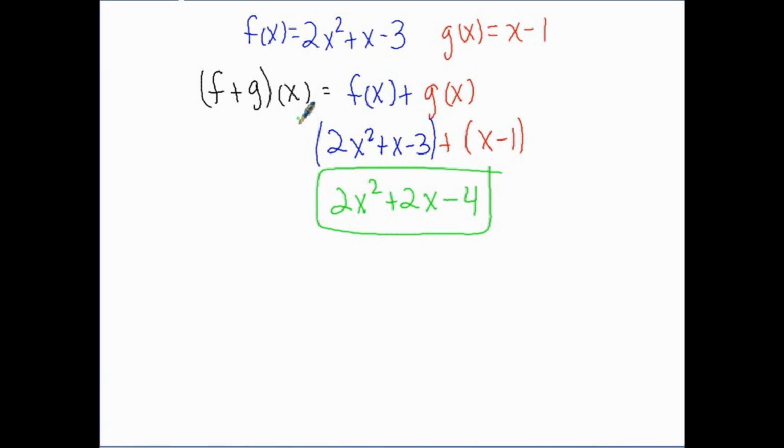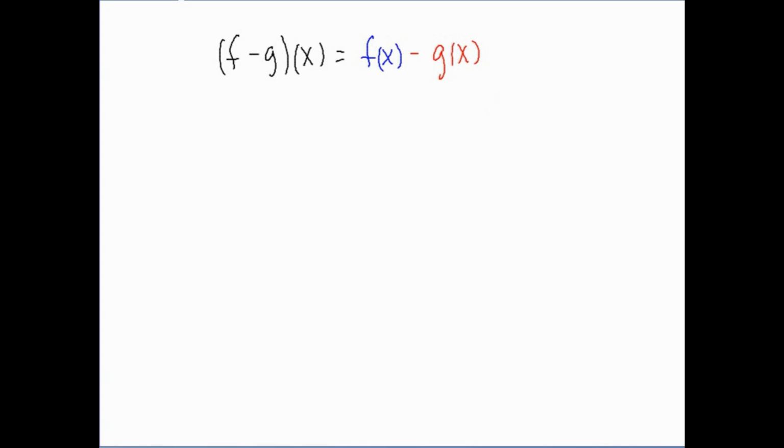Now for our next one, we're going to keep it with those two, same f of x and g of x, but now we're going to switch it over to f minus g of x. So now we do have to be careful about the order that they come in. So first thing I'm going to put in is f of x and then minus g of x.